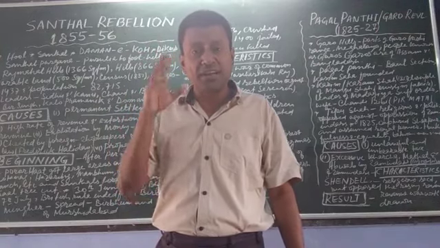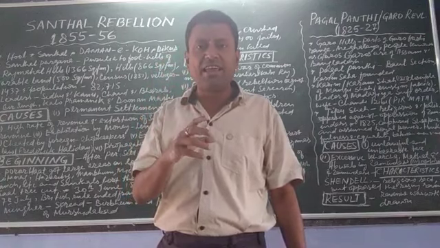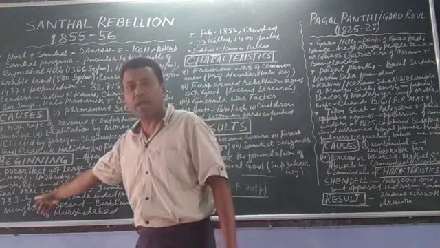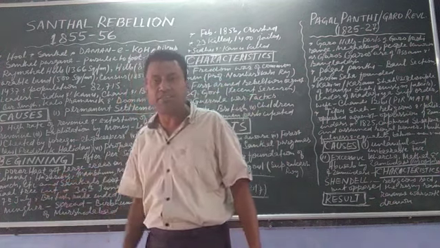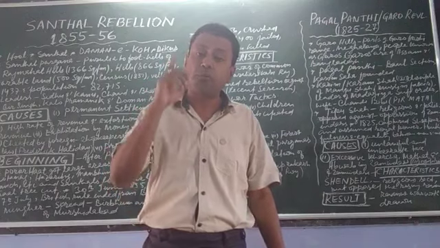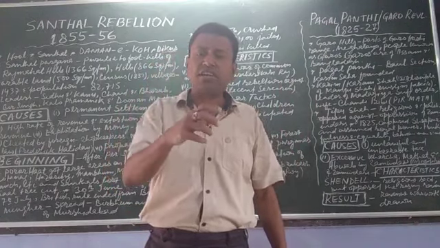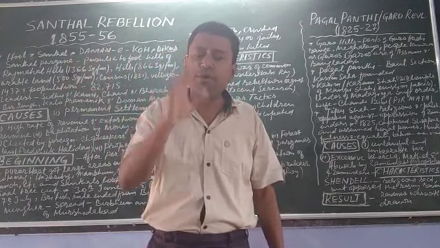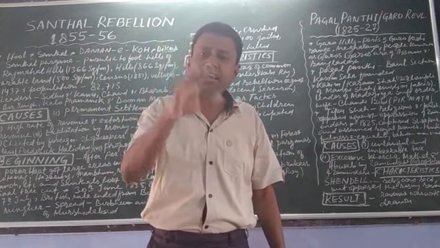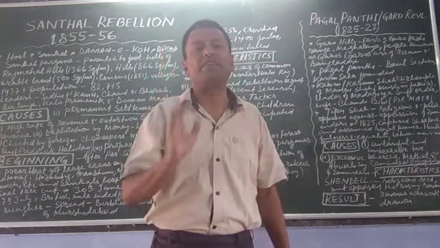But the real proclamation of the Santhali rebellion took place on 7th July 1855. Under the leadership of Sidhu and Kanu, they proclaimed that the Santhal region was their own region. No zamindars, no British government had any right to implement the revenue system there.